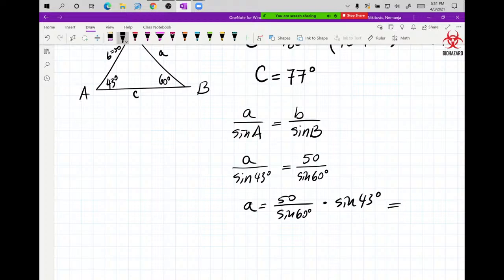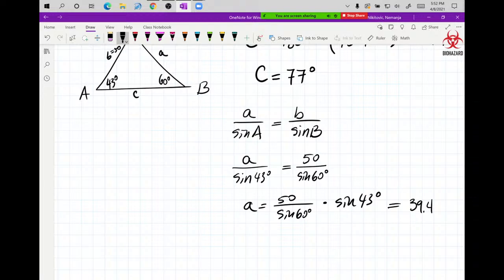Always check your mode first if you're going to use a calculator. 50 times sine of 43, closed parenthesis, divided by sine of 60, and the decimals are 39.4. I'm using one decimal because the original number given to me, 50, had no decimals, so you are allowed to just go one extra decimal.